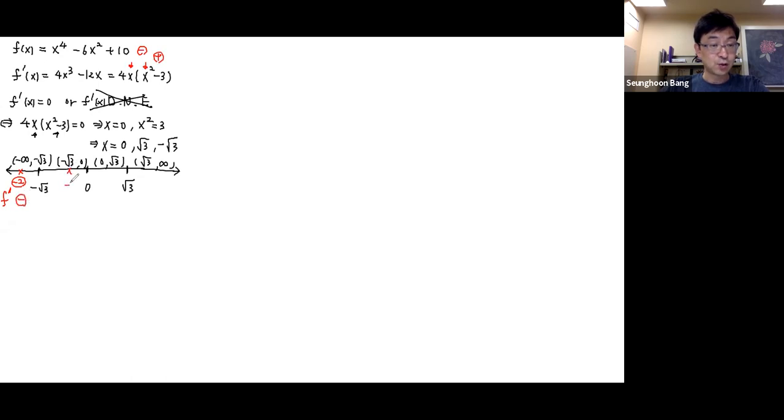I can choose minus 1. 4 times minus 1 is negative. Minus 1 squared is 1, and 1 minus 3 is negative. Negative times negative is positive.